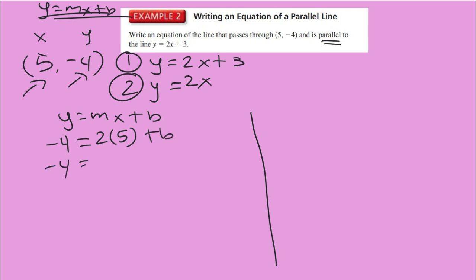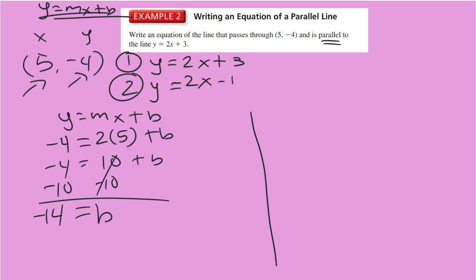We compute, which is negative 4 equals 2 times 5 is 10 plus b. We're solving for b, so we're going to subtract 10 from each side. So we're left with negative 14. So it's going to be minus 14.